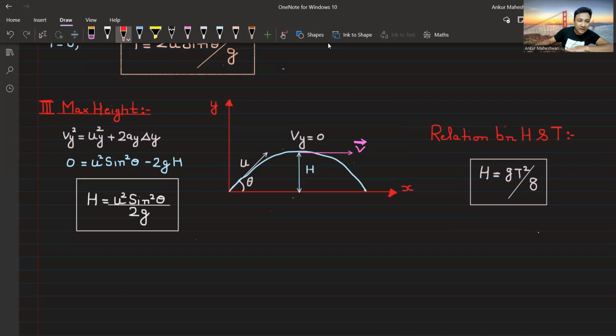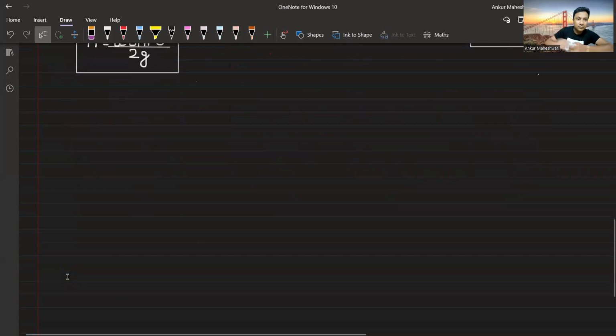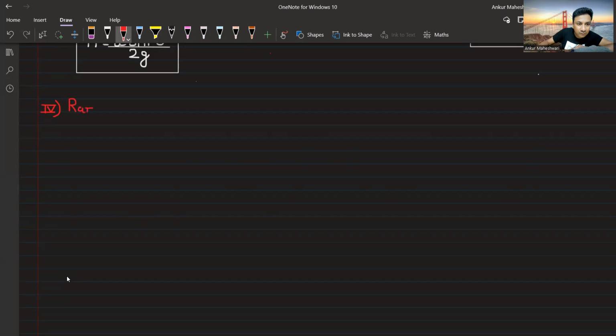Now, my fourth parameter is the range. Okay. Now, what is range? Let us draw the diagram again.